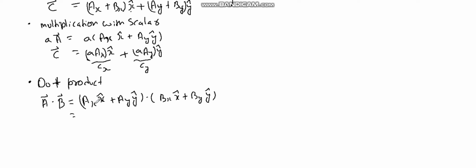So what we have to do is multiply. We have ax bx x dot x, and then we have ax by x dot y.